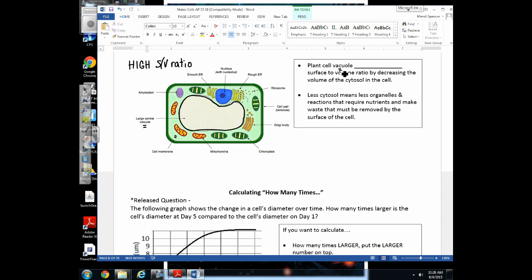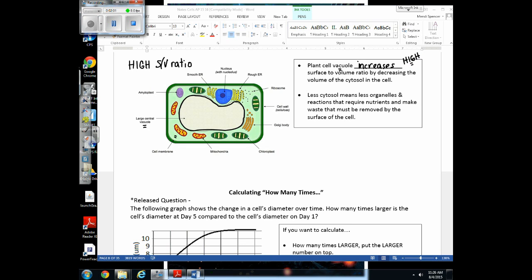So the plant cell vacuole increases the surface to volume ratio, and it does that by decreasing the volume of the cytosol of the cell, or the contents of the cell. So again, if we're increasing surface to volume ratio, that means we're developing a high surface to volume ratio, and that is what is needed by cells.